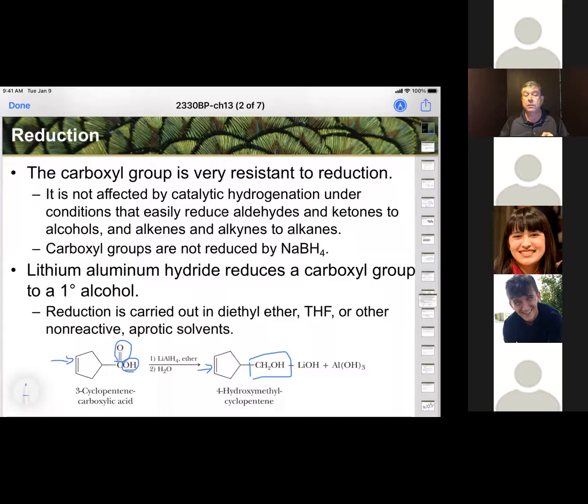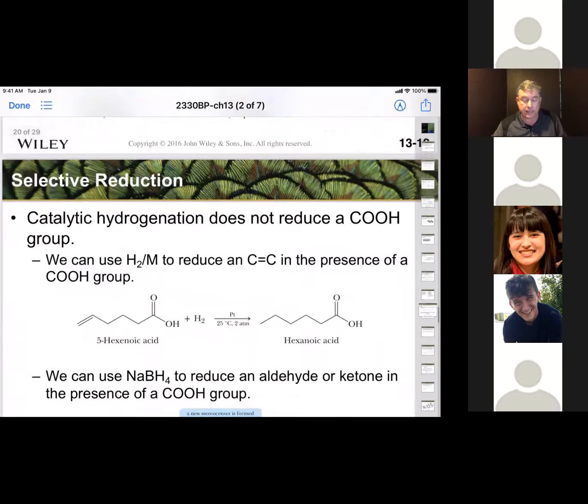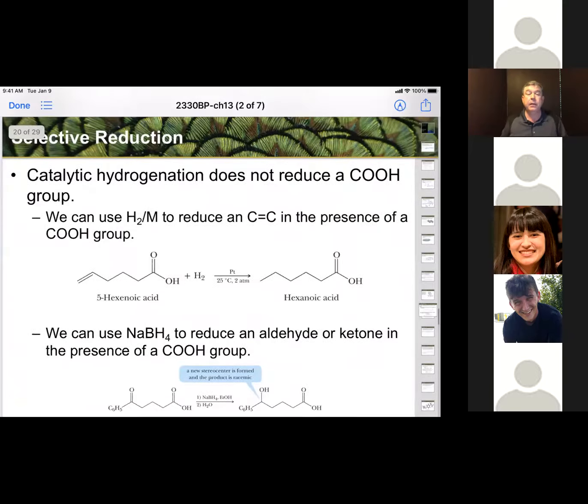Okay. So if you had an aldehyde, you could use either reagent, the sodium borohydride or the lithium aluminum hydride. If you have the carboxylic acid, you must use the lithium aluminum hydride. Okay. And we can use that to our advantage, again, because the carboxylic acid is so oxidized, it has those 2 oxygens on it and a total of 3 bonds to oxygen.